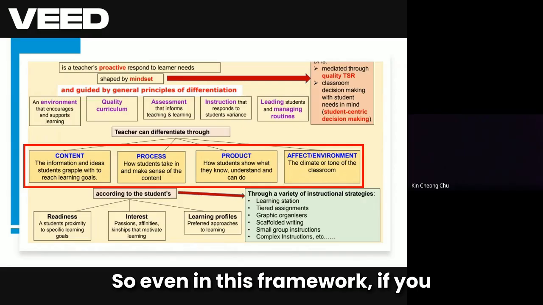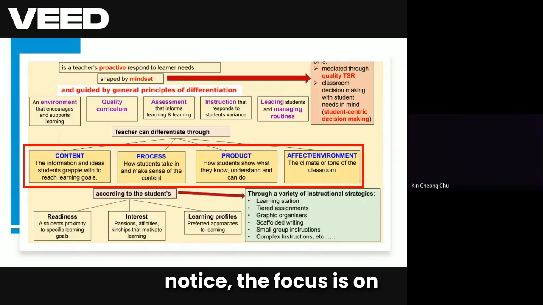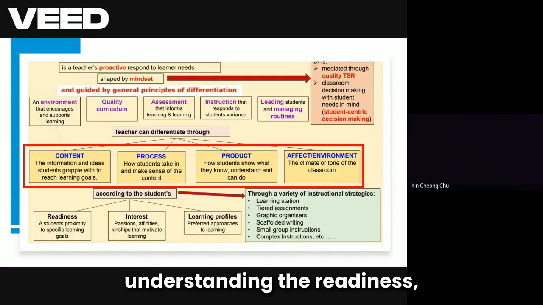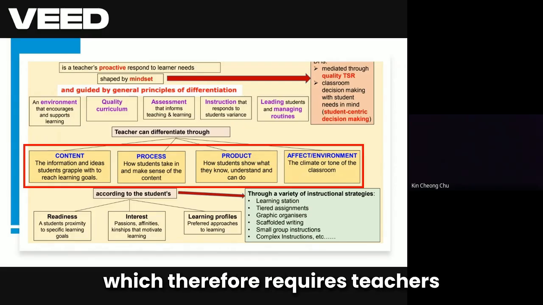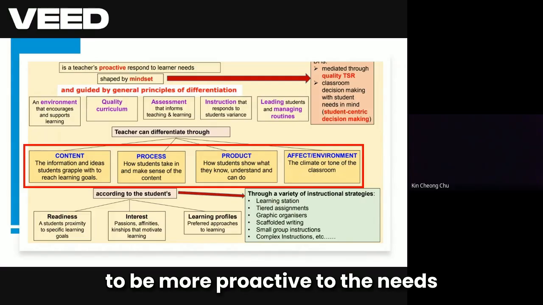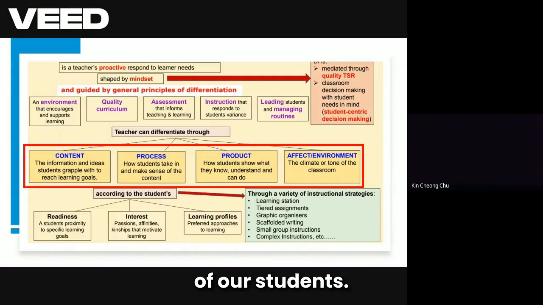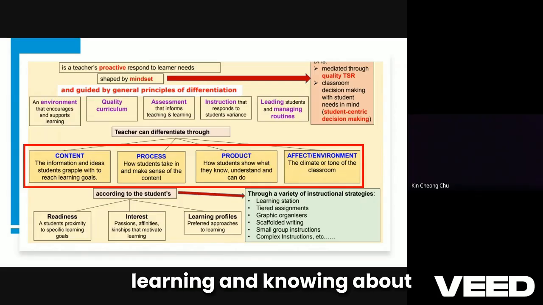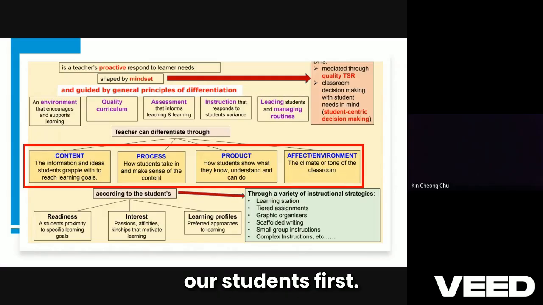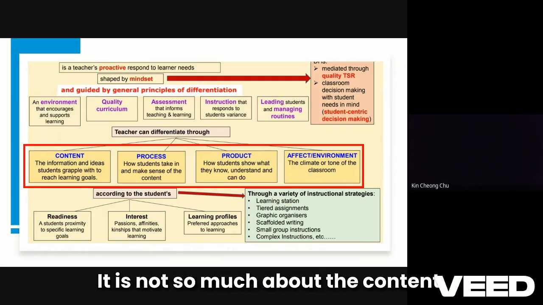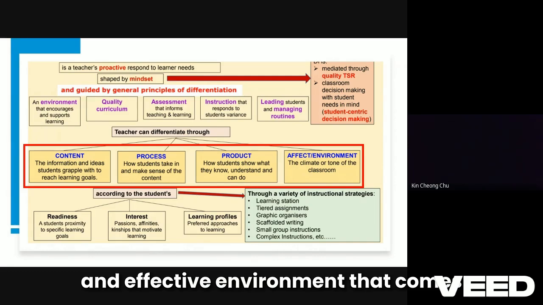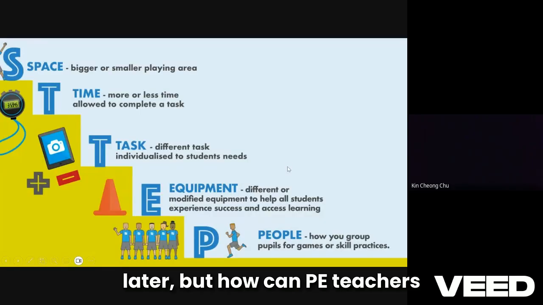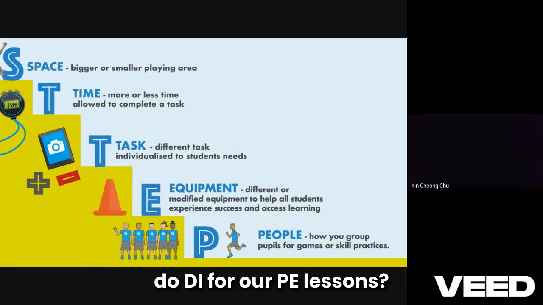So even in this framework, if you notice, the focus is on understanding the readiness, interests, and styles of learning, which therefore requires teachers to be more proactive to the needs of our students. Again, it is about learning and knowing about our students first. It is not so much about the content, process, product, and affective environment. That comes later.